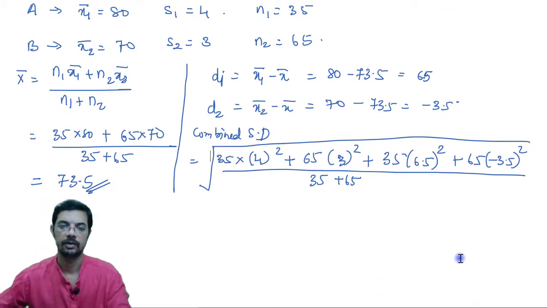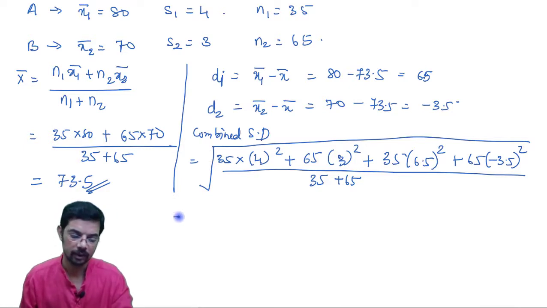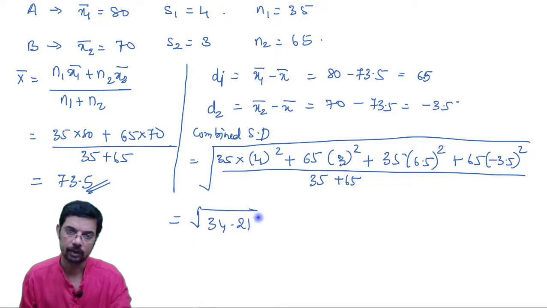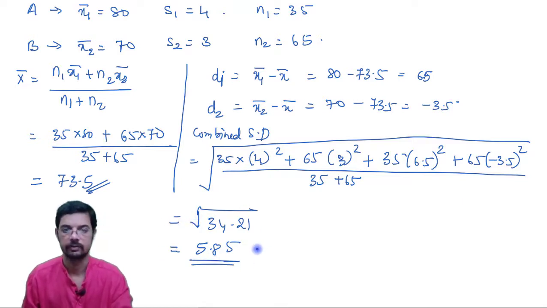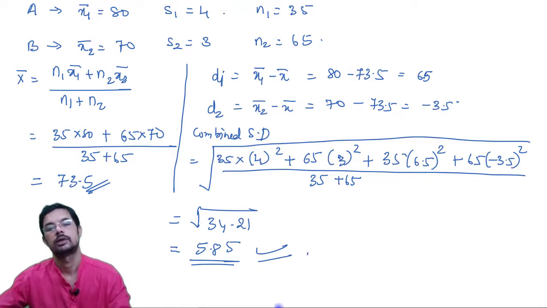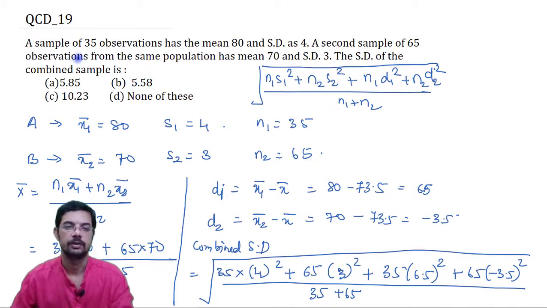Finally, when we calculate everything inside the root, we get 34.21, and this gives 5.85. So this is called the combined standard deviation of the given sample, 5.85.